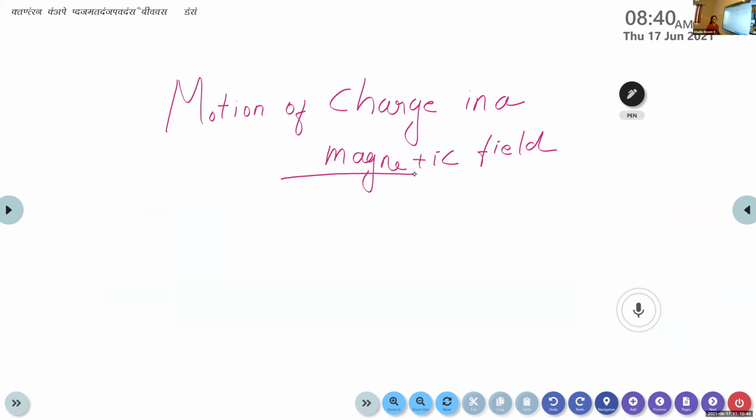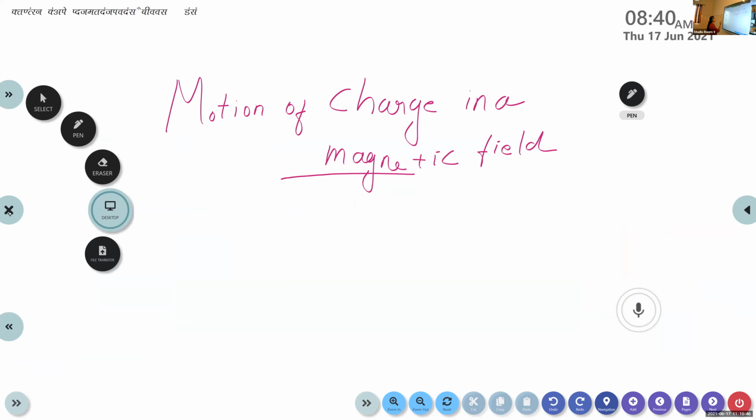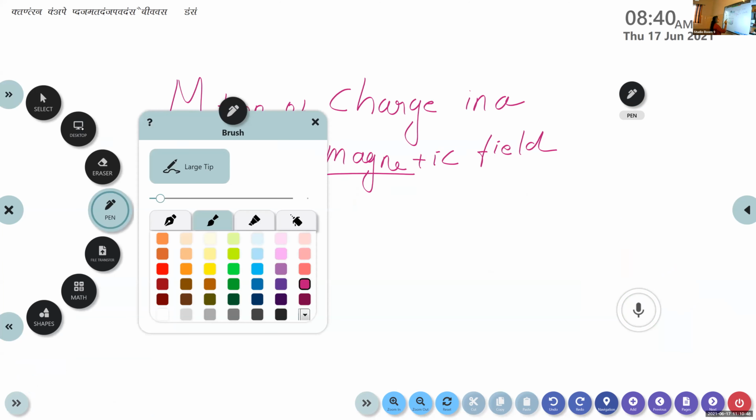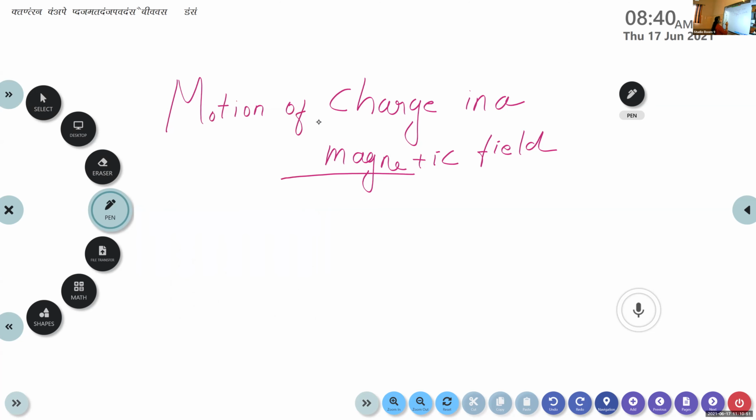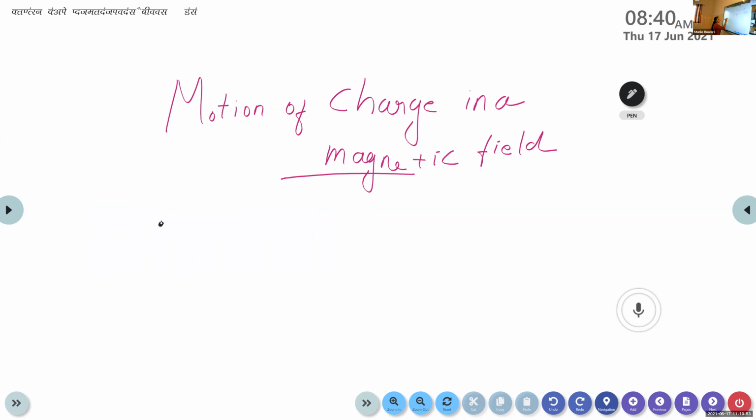Under this topic, we want to discuss 3 subtopics. The first one, movement of charge parallel to magnetic field.